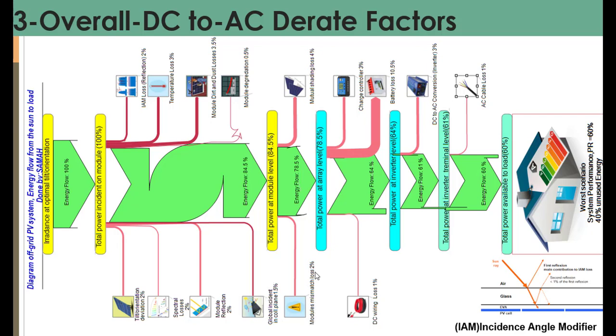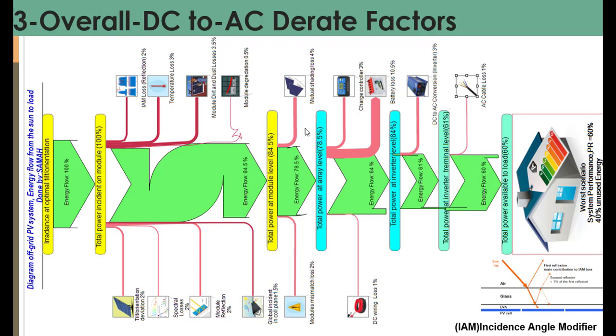Also module mismatch between the modules, another source of losses, and this represents the summation, the net value after subtracting the percentage value of losses from these factors. And now this second block, the yellow block, represents the total power at module level with this value.